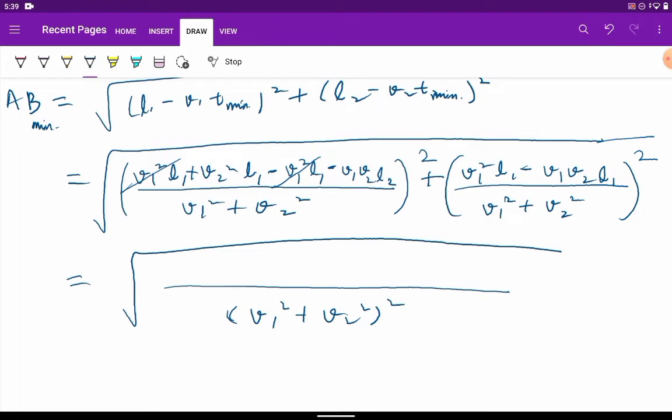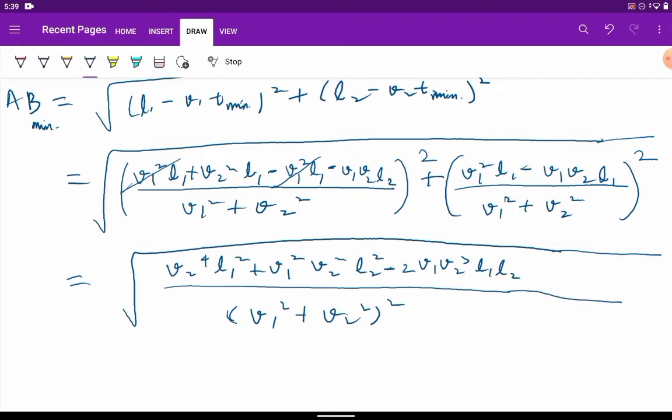The numerator becomes V2 to the power 4 L1 square plus V1 square V2 square L2 square minus 2 V1 V2 cube L1 L2, right? No, three terms.